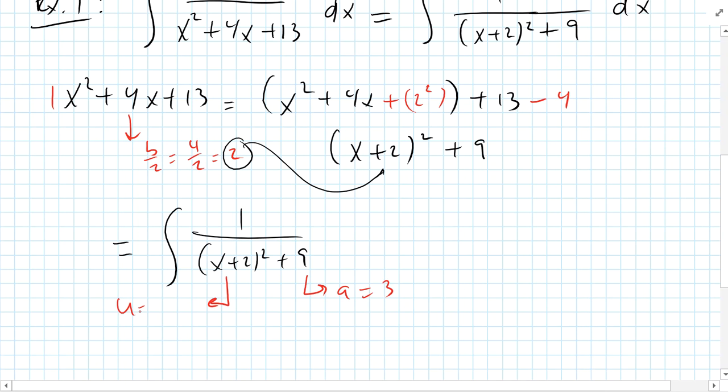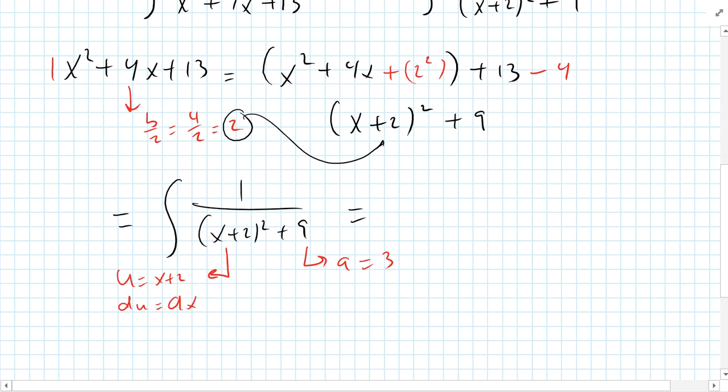So this whole thing equals 1 over a, which is 1/3, tangent inverse of my u, which is x plus 2, over my a, which is 3, plus c.